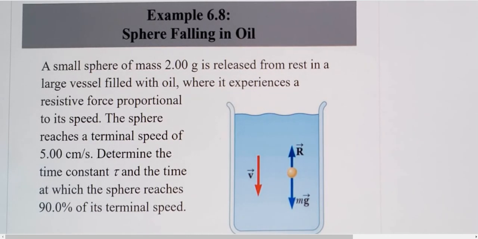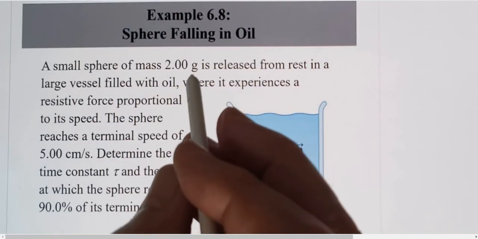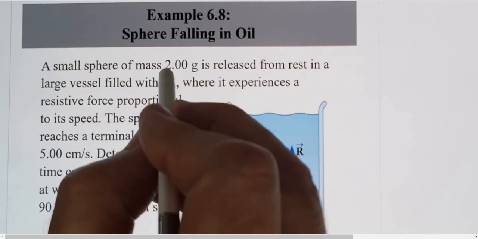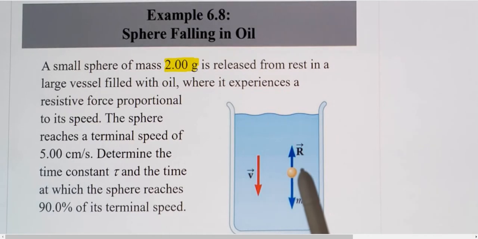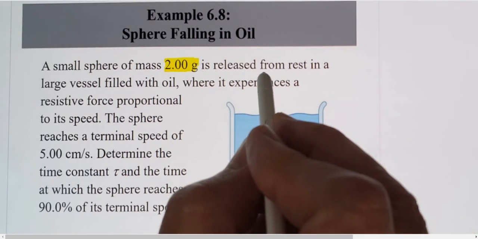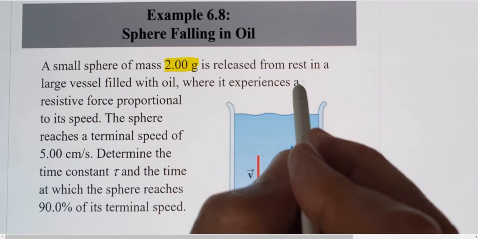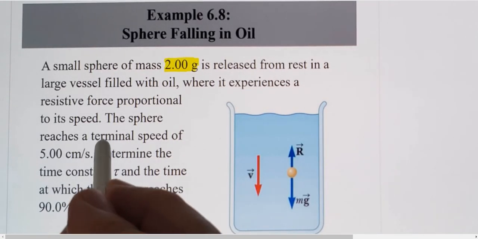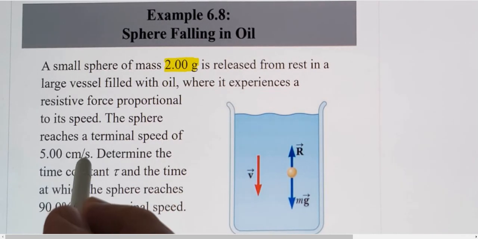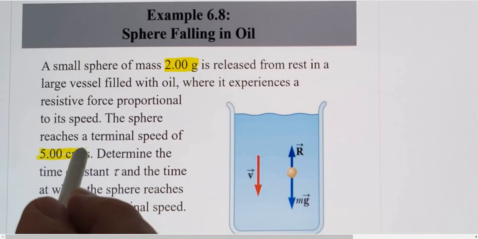So I'll give you a minute, read the problem. In this problem, we have a small sphere, and he gave us the mass, 2 grams. And of course, released from rest. And he gave us the terminal speed value. So this is the terminal speed.